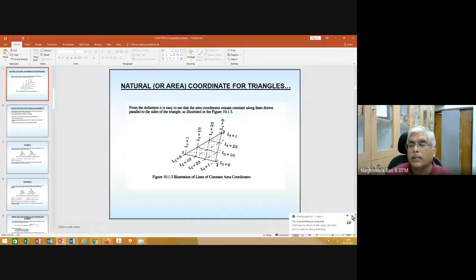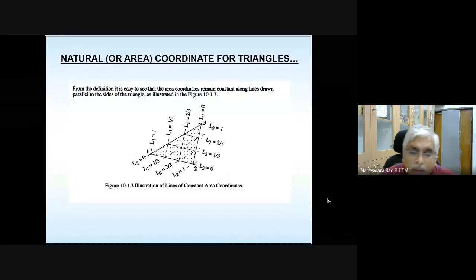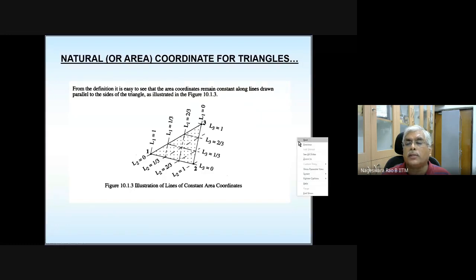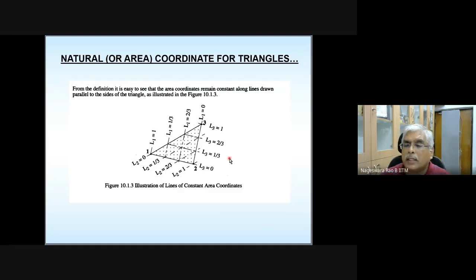So this is what we left yesterday. If you take a three-node triangle, a triangular element having three nodes, 1, 2, 3, and L1, L2, L3 values at some key points are given here.